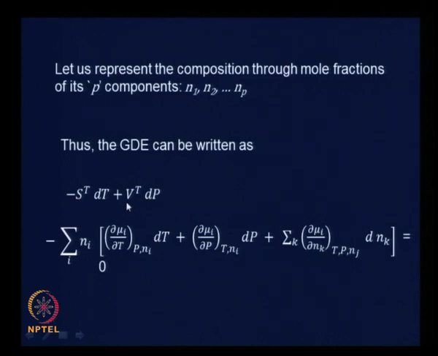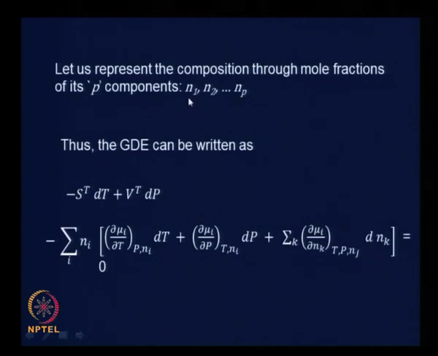This is written by considering mu_i as a function of temperature, pressure and the composition of all the species. Since you have p species here, represented by the number of moles, not mole fractions, n1, n2, np and so on, you will have to sum over each one of them, and that equals 0. Let us call this equation 4a2.